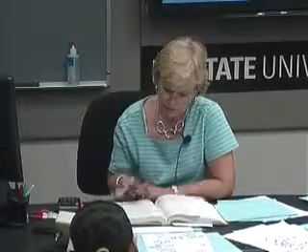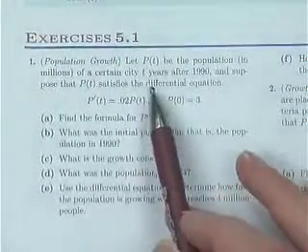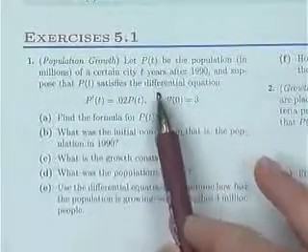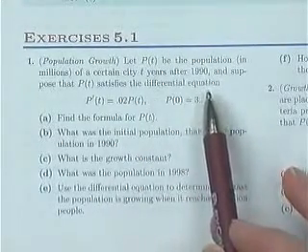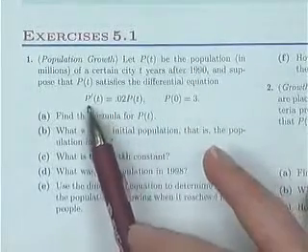The new biggie in chapter 5 from pre-calculus was that differential equation, such as in problem number 1. P of t is the population of a certain city t years after 1990, and it satisfies the differential equation, not difference, as we did in the beginning of the semester, differential equation.